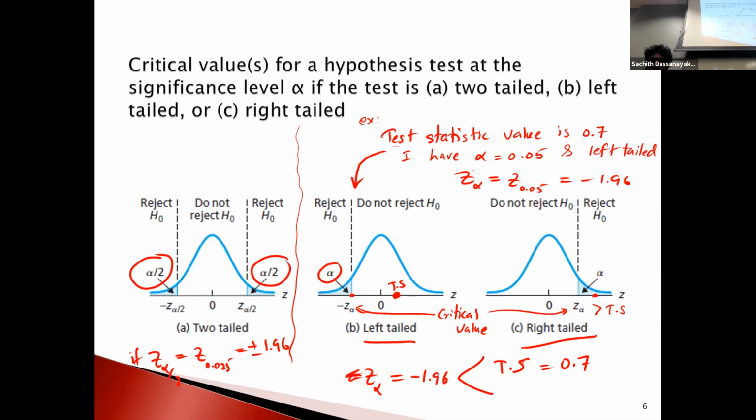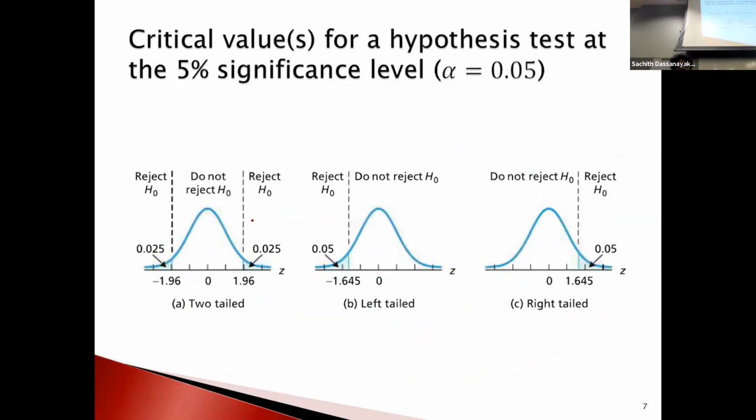So whatever falls within these two regions we reject, if it is a two tail test. Clear?